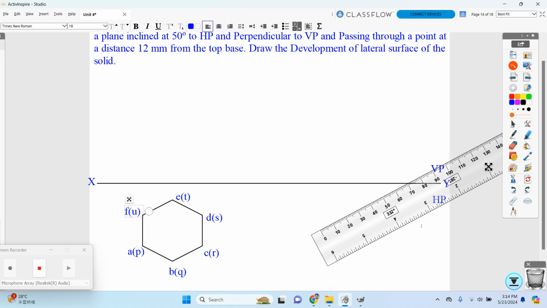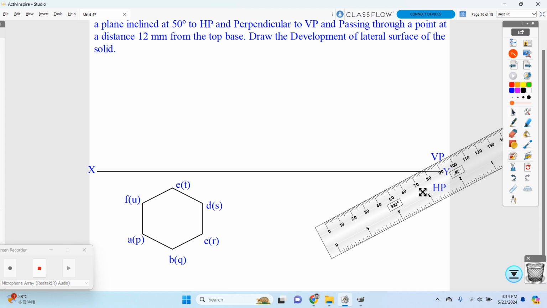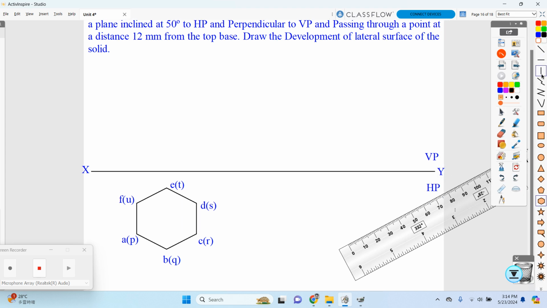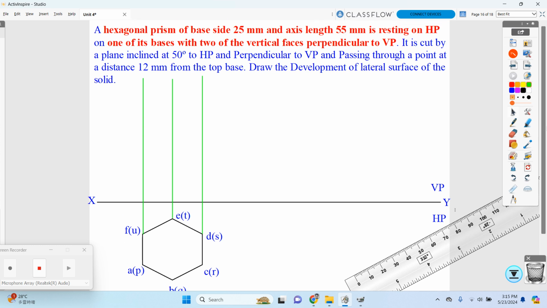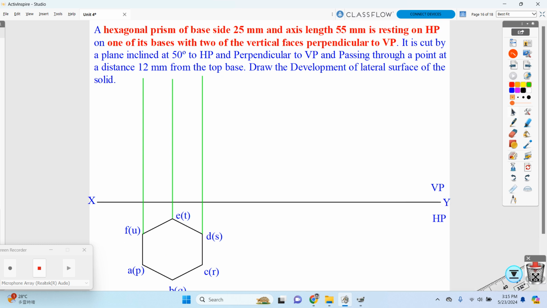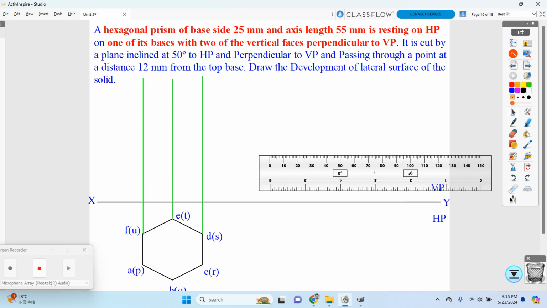Then we can extend our reference lines. Let us extend the reference line from here, then from this point, and we can develop from this point. After developing this, we know in your question it is provided that the length is 55 mm. Now we are going to consider a 55 mm length.